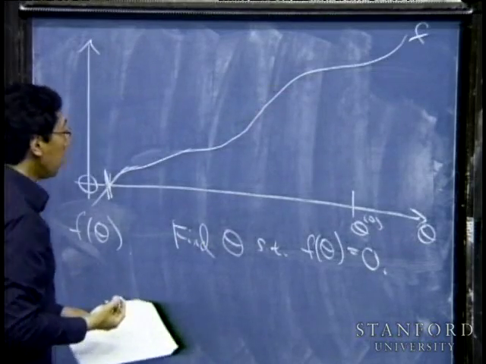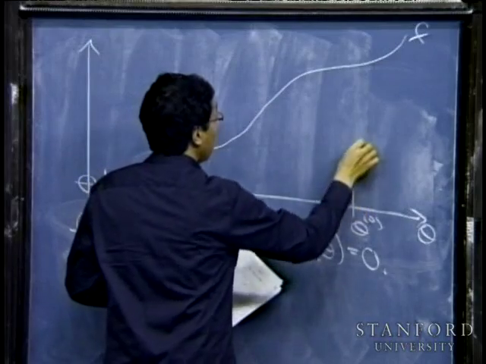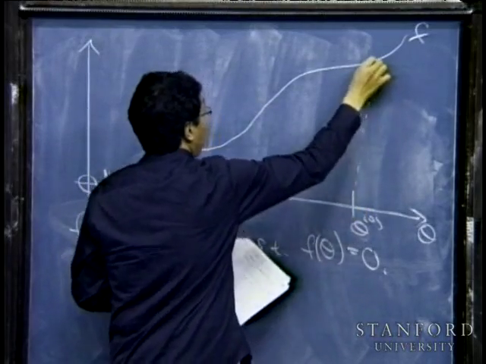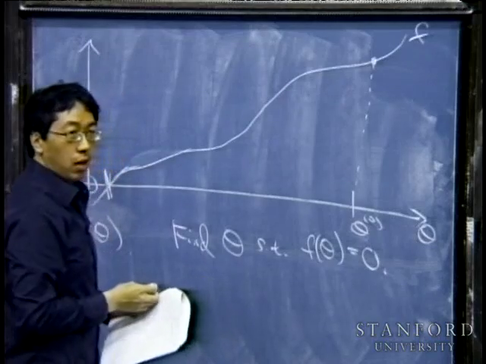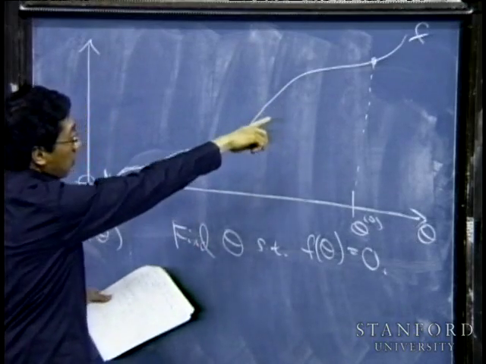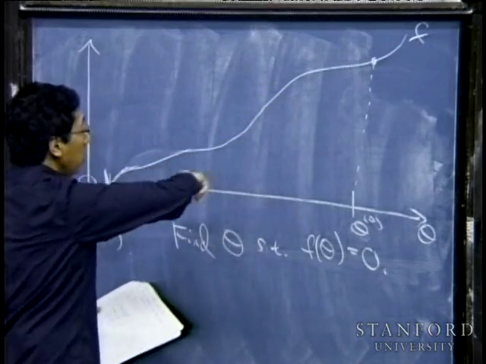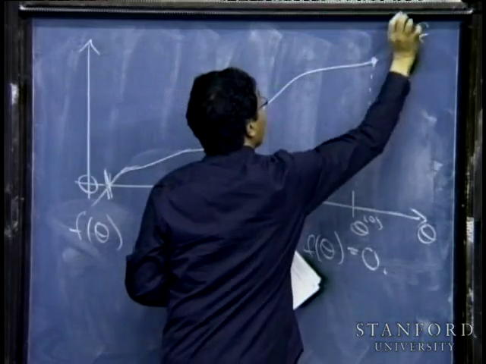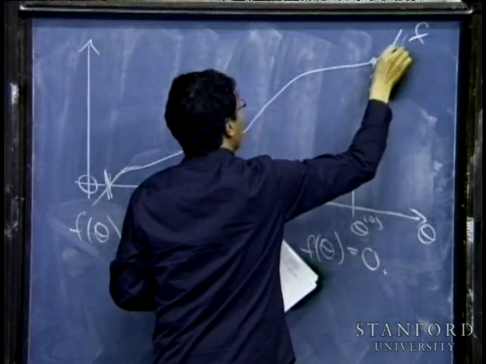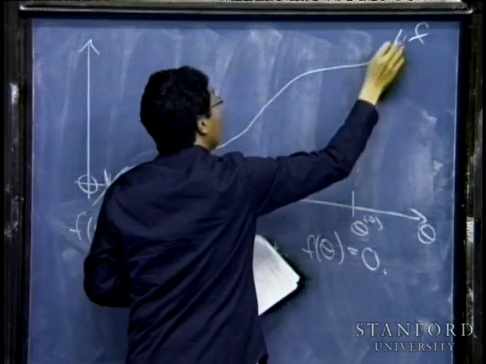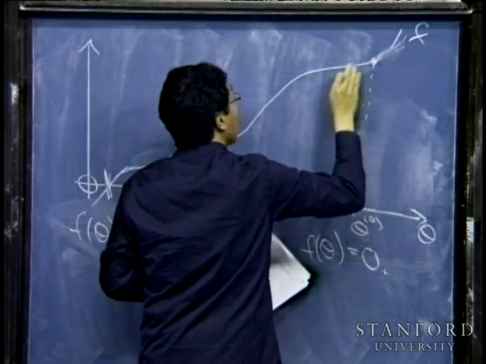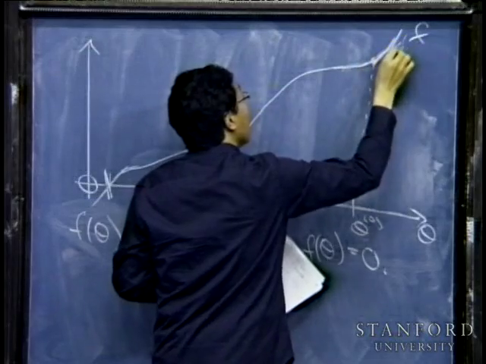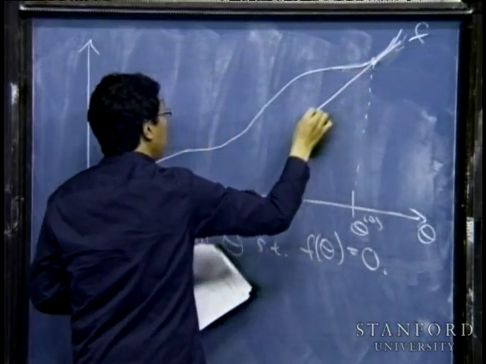And then here's what Newton's method does. We evaluate the function f at that value of theta, then compute the derivative of f, and use the linear approximation to f at that value of theta. In particular, I'm going to take the tangent to my function.